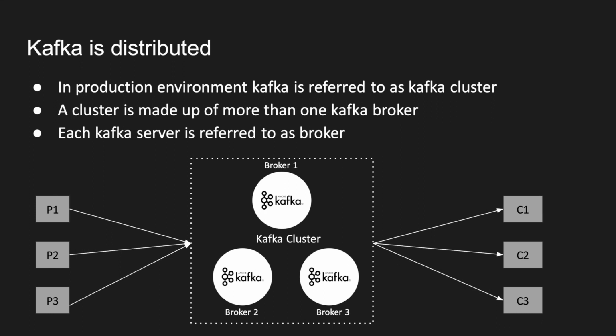And these brokers will run on different machines on a specific port number. Let's say broker 1 will run on 9091, broker 2 will run on 9092, and broker 3 will run on 9093. These machines will be located in different geographical locations. Let's say one broker is in India, another one is in US, and another one is in UK. So that's why Kafka is distributed.